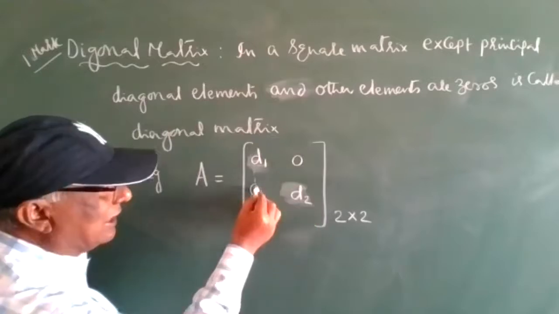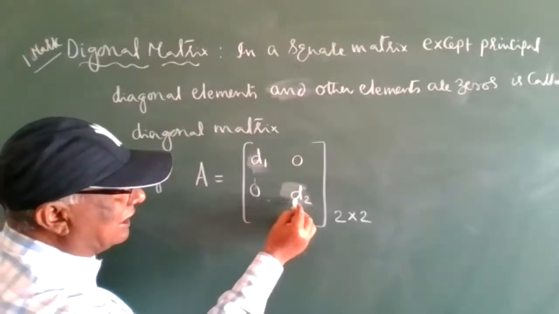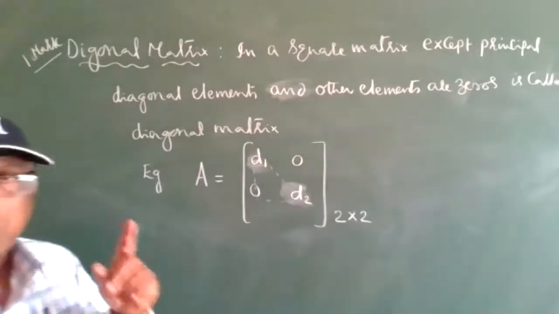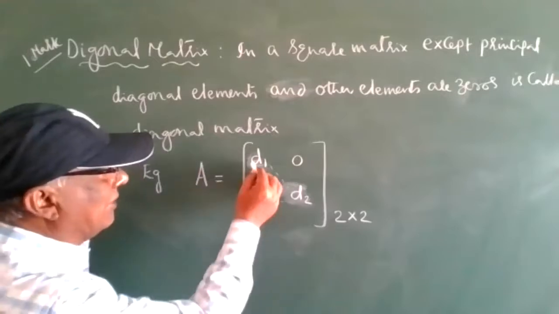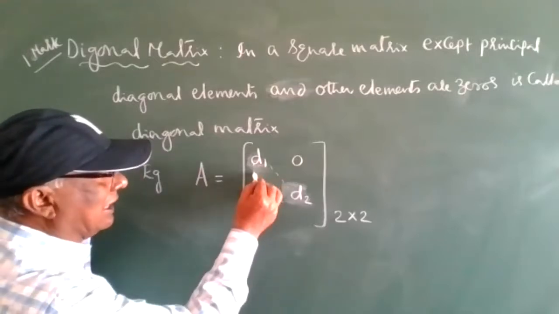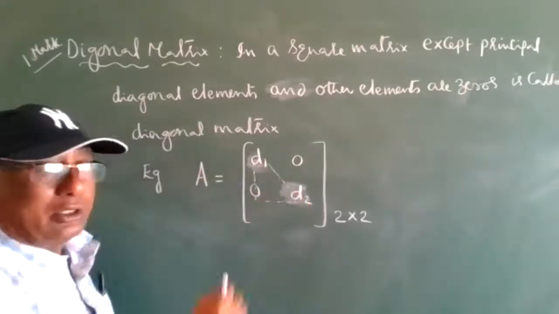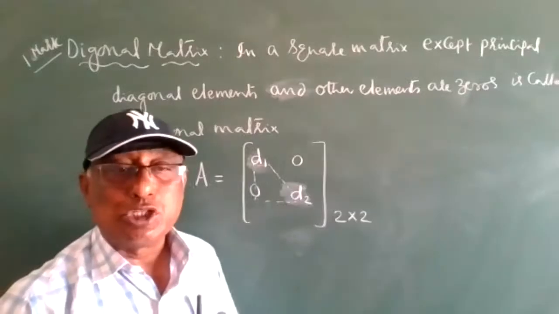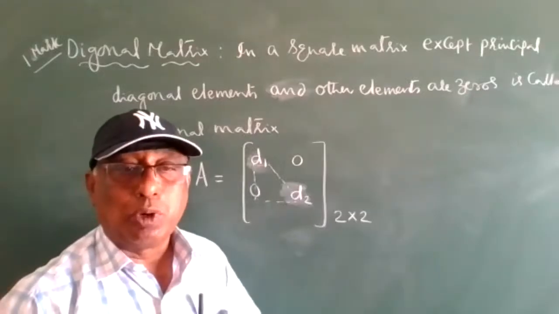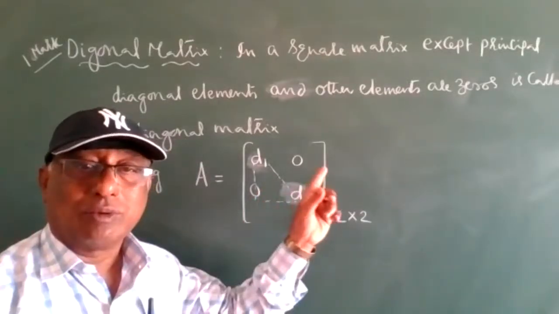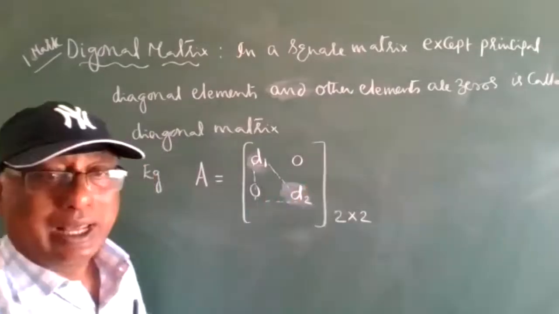Now we can draw a triangle on the diagonal, and the principal diagonal will form the hypotenuse. There is another diagonal also, but the first element diagonal is called the principal diagonal.